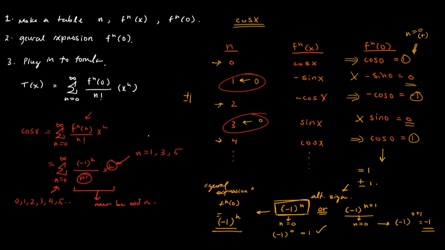So how can we do that? Well, what if we took all of the n's in this expression and we replaced it with 2n? So let's try the sum from n equals 0 to infinity, negative 1 to the n, over 2n factorial times x to the 2n.